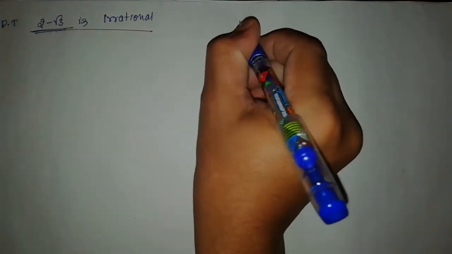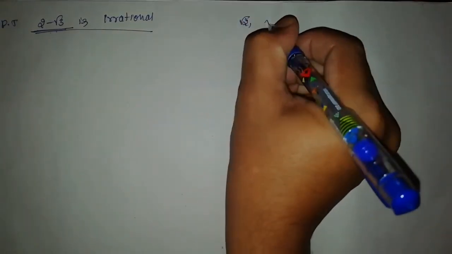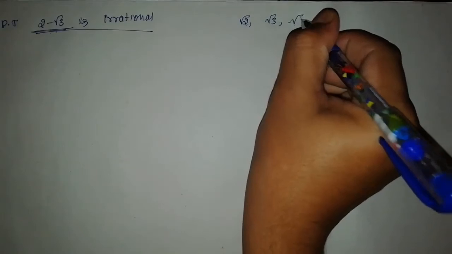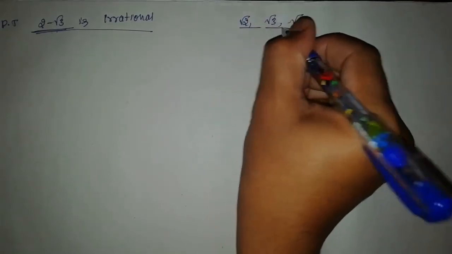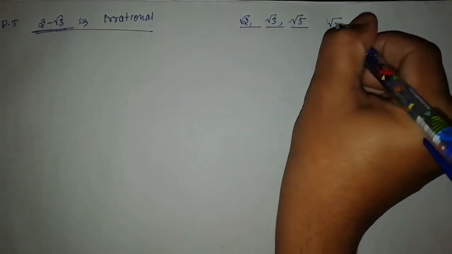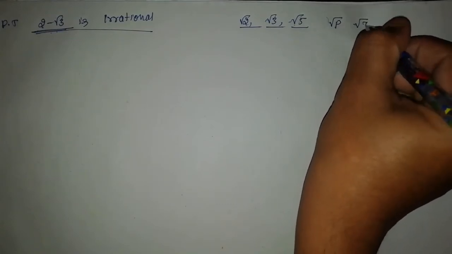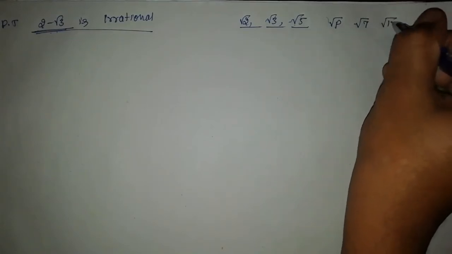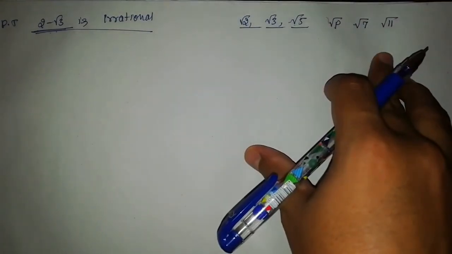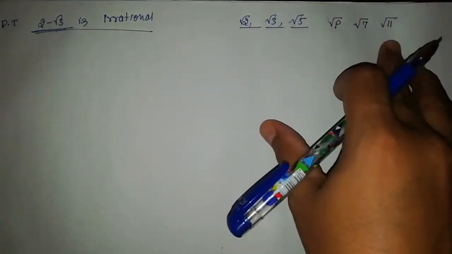Don't follow the previous procedure. You need to follow the previous procedure only when the irrationality of numbers like root 2, root 3, root 5, root p is asked. He may ask root 7 also, and then root 11. Only for those types of numbers do you need to follow the previous procedure.